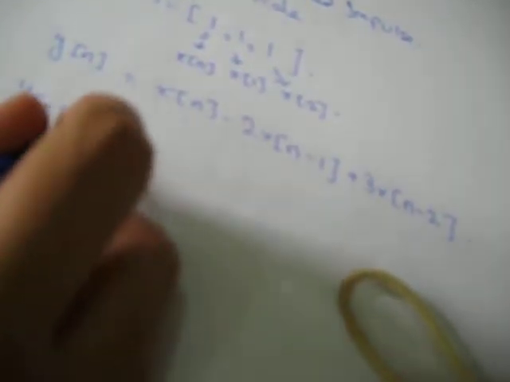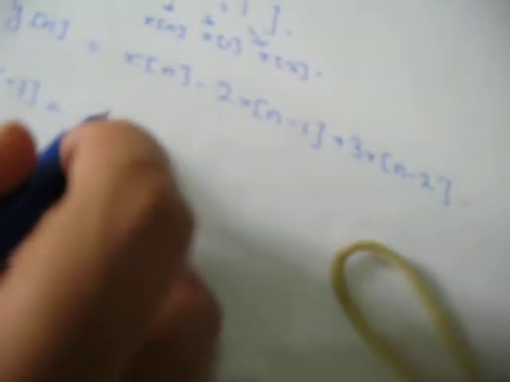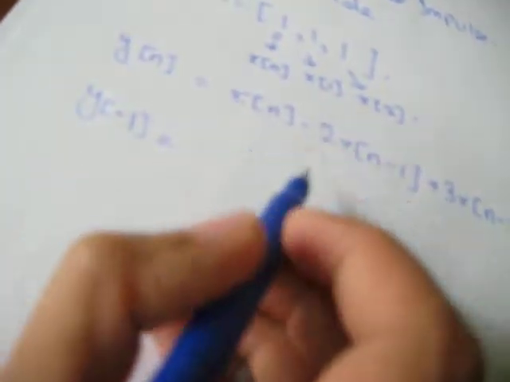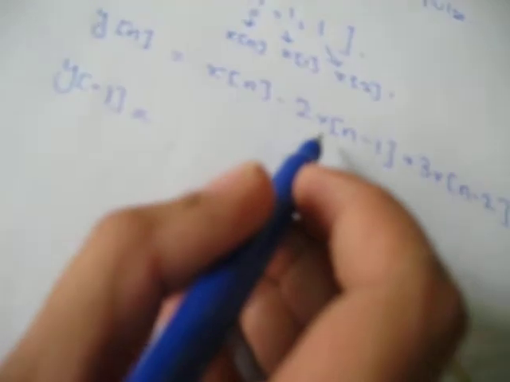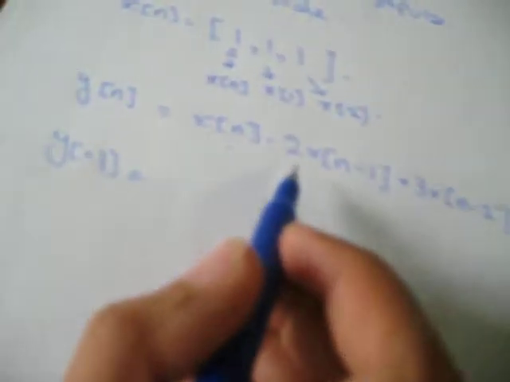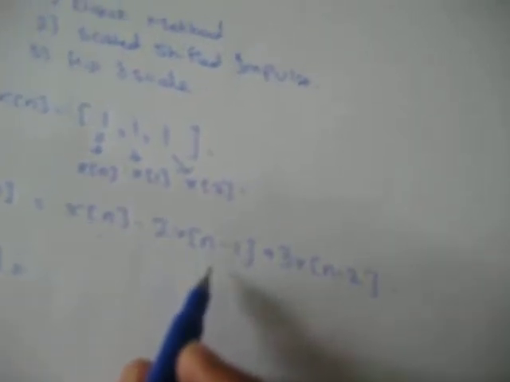So we start from y of minus 1. y of minus 1 means x of minus 1, which is nothing, minus 2 x of minus 2, which is nothing, plus 3 x of minus 3, which also does not exist, so y of minus 1 is 0.